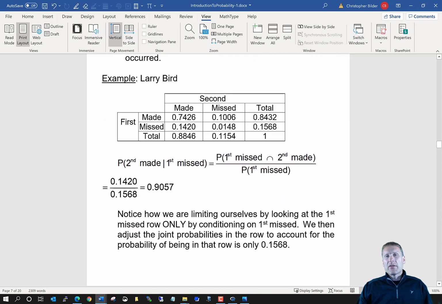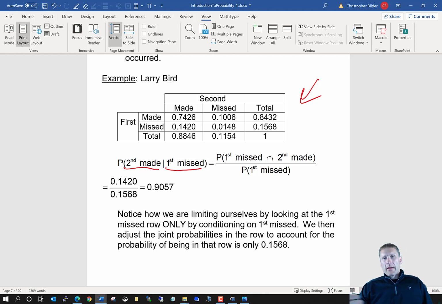Okay, so let's go back to the Larry Bird example. And so what I have here is these tables of these probabilities that we've seen before. And what we're going to be looking at is the probability that the second free throw is made given the first is missed. At least for basketball fans, this is a very important probability to look at.